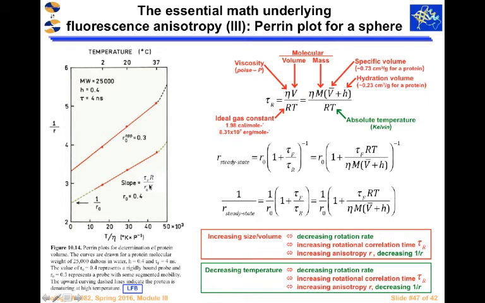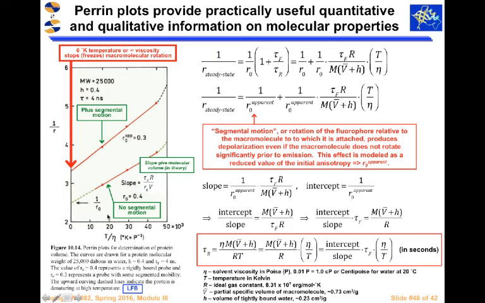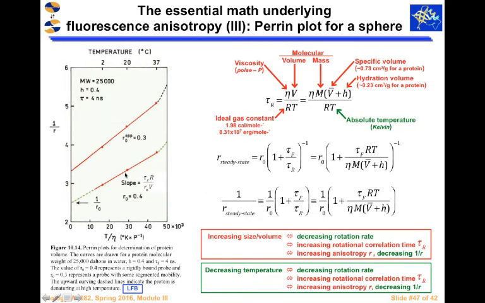That's quite important. Now, down here we're going to zero temperature or infinite viscosity. Zero temperature, infinite viscosity is basically freezing out all motion. If we freeze out all motion, we should see the anisotropy that reflects the photoselection process, which was derived in the last slide.